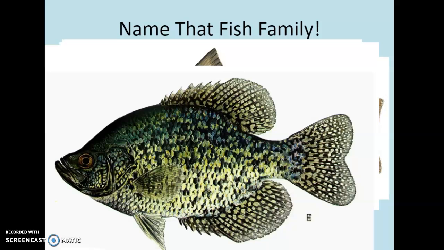How about this group? Where would that fit? Hopefully, well, maybe some of you recognize that as a crappie. Where would crappie fit in? Maybe in the sunfish family, Centrarchidae. So what you notice about their dorsal fin is they have a spiny portion and a soft portion, but it's not separated.